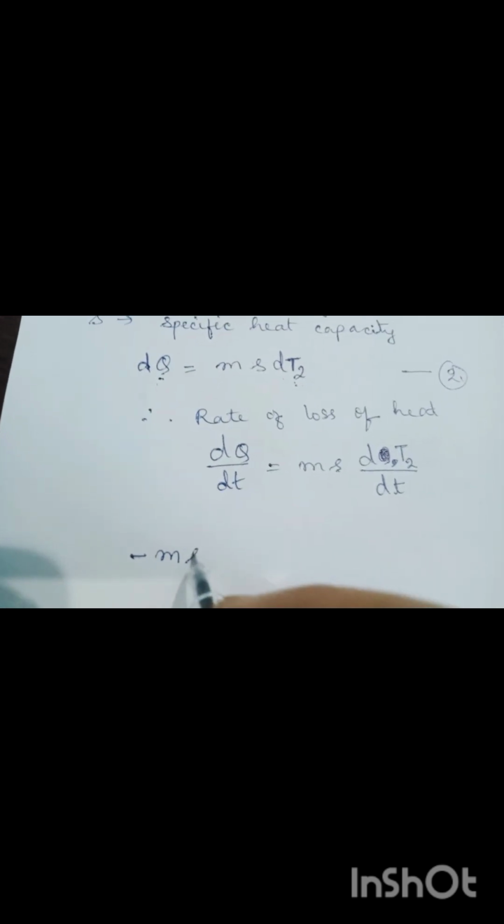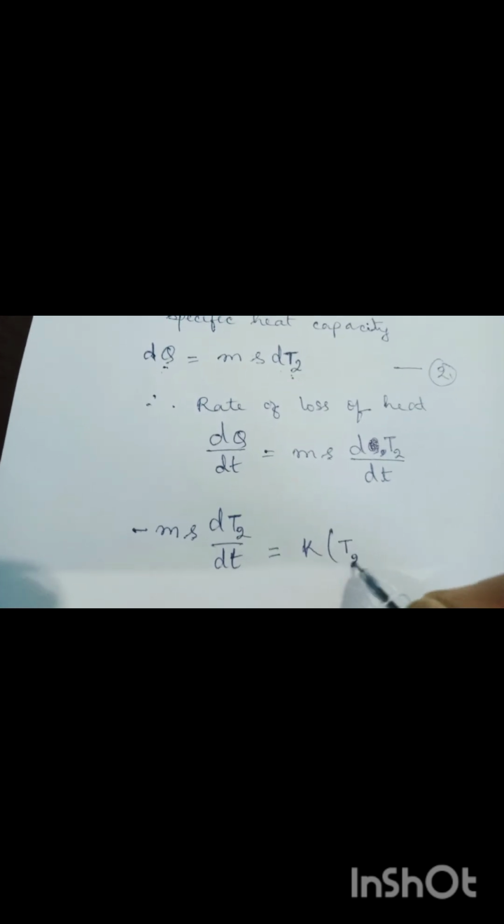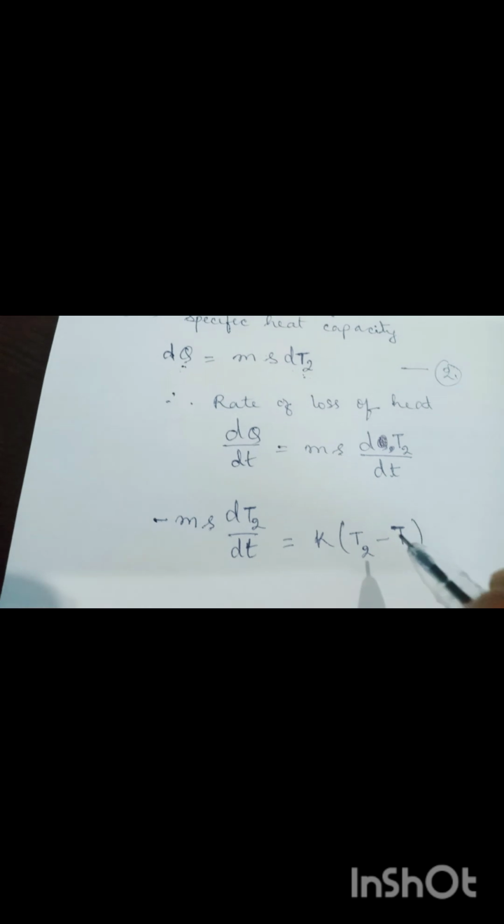So if we number this equation as 1 and this as 2, from 1 and 2 we have minus m S dT2 by dt is equal to k (T2 minus T1).